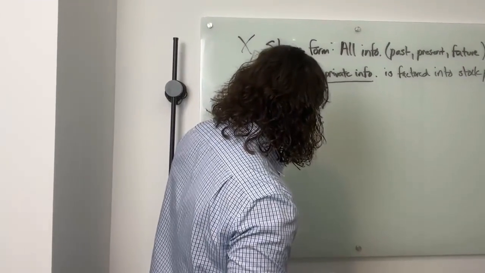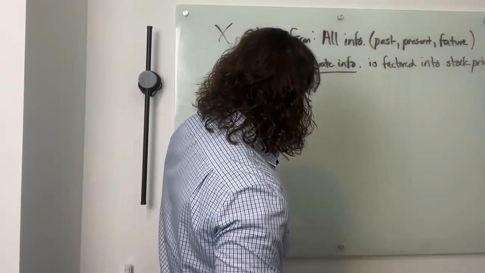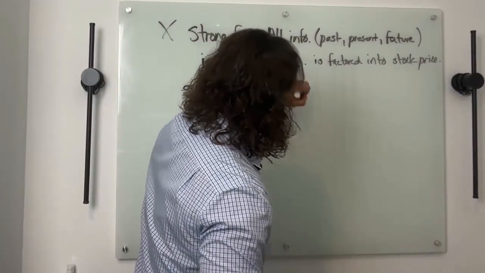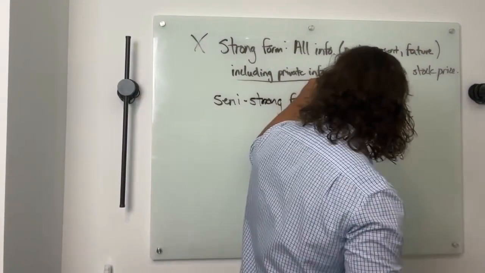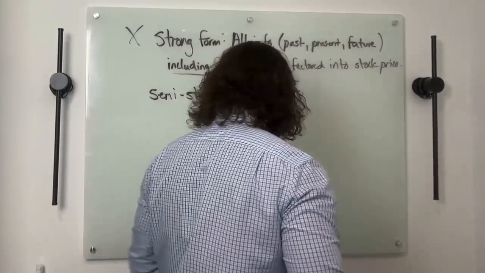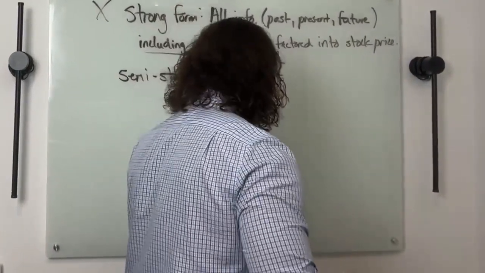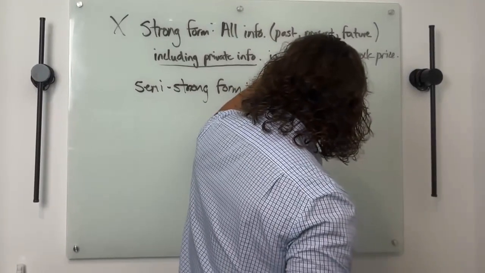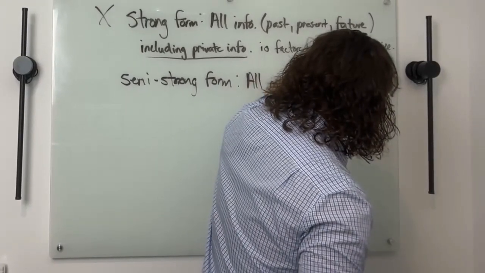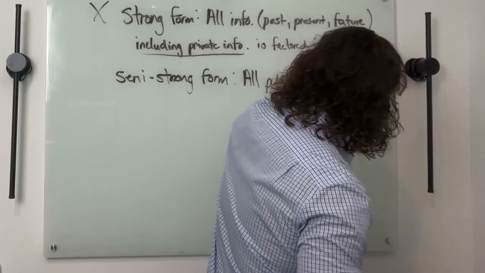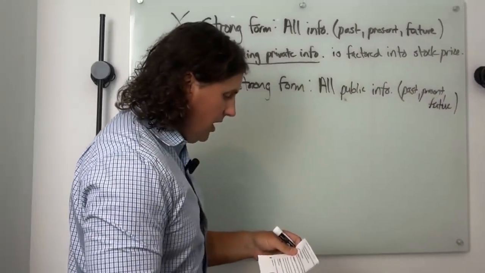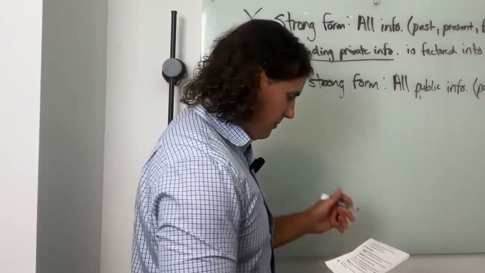Semi-strong form says all public information, past, present, and future, is known by all participants.